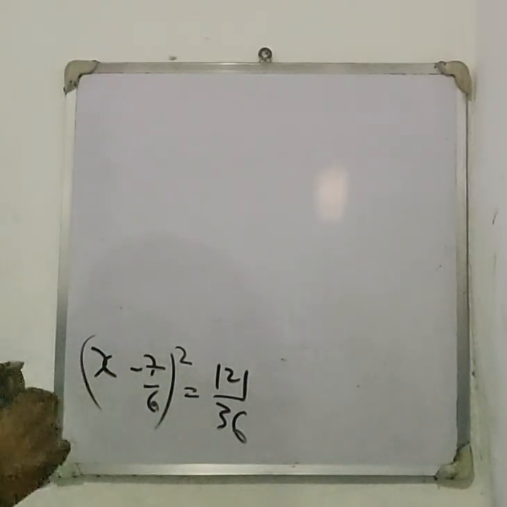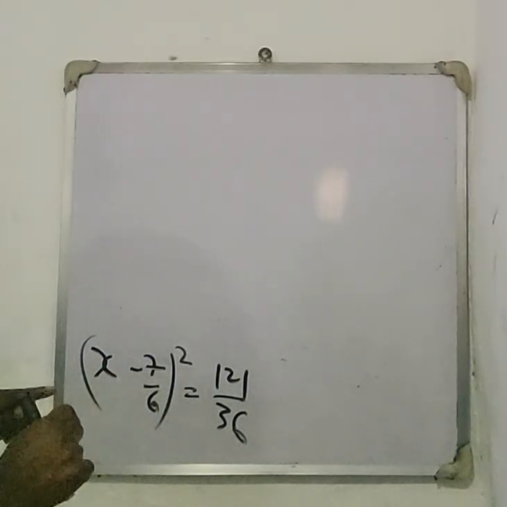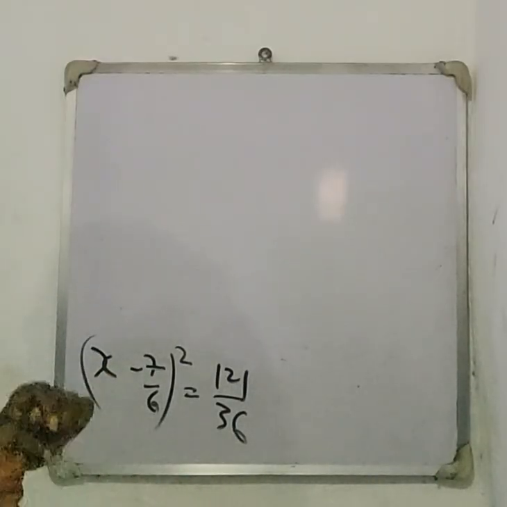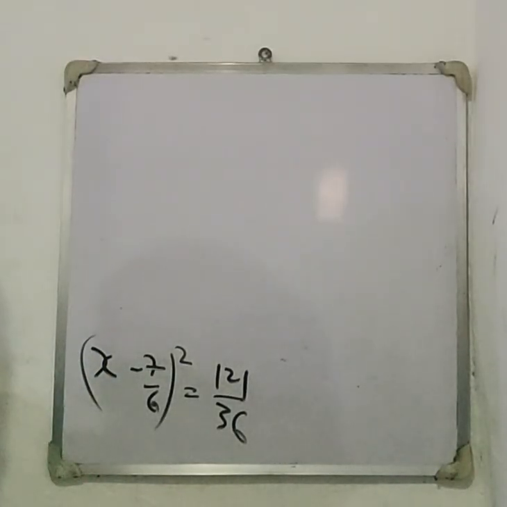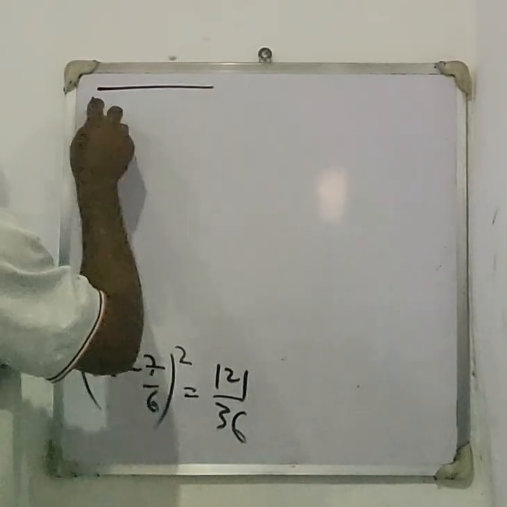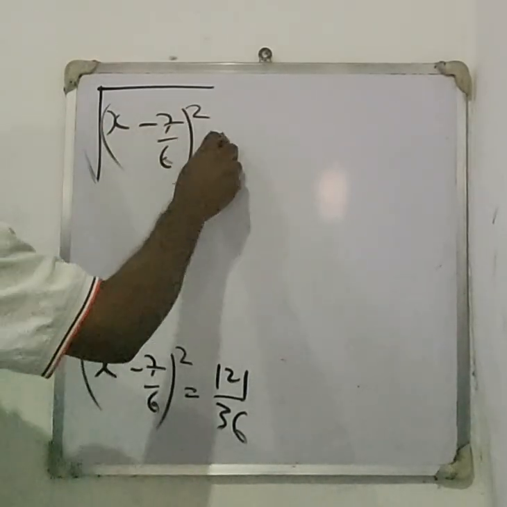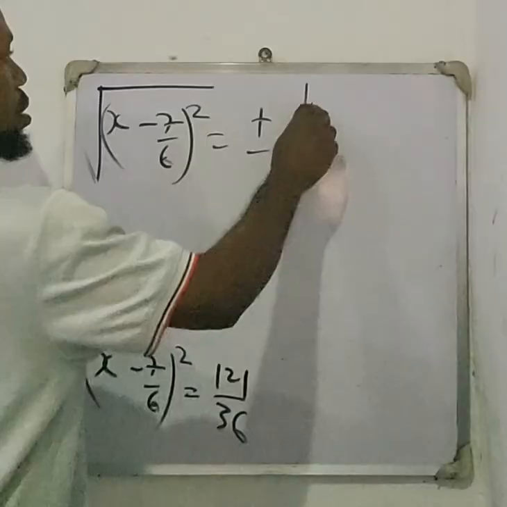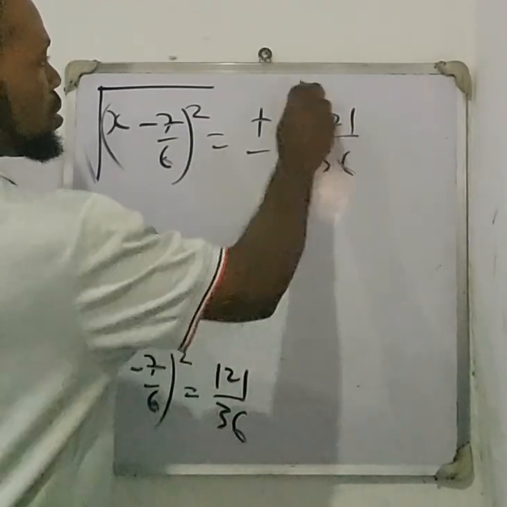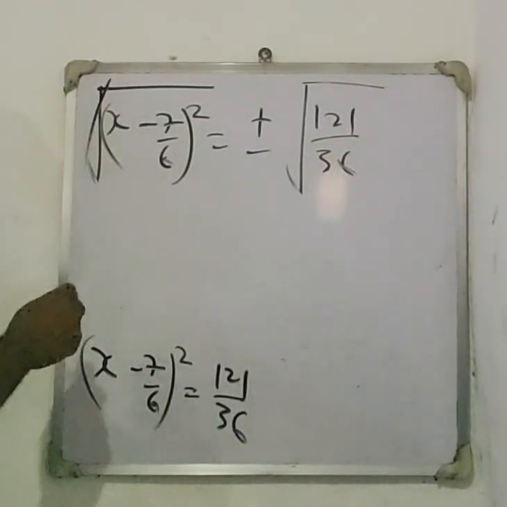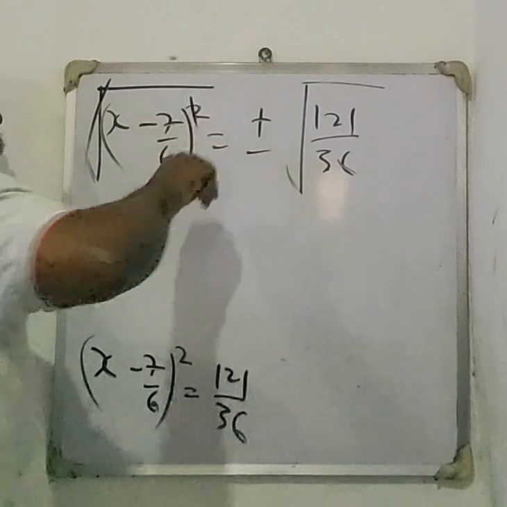And mind you, when you take the square root of both sides, you introduce the sign plus or minus. So when you now take the square root, x minus 7 over 6 square equal plus or minus the square root of 121 over 36. So the square root has the power to remove the square.